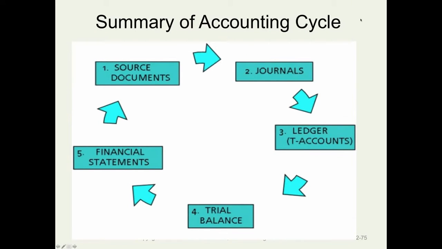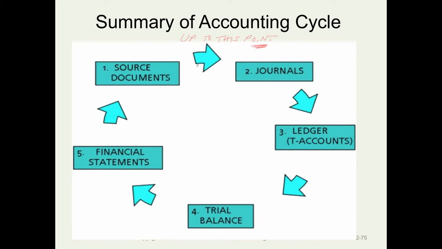And finally, to summarize the accounting cycle, and this is up to this point in the course, we have source documents, could be invoices, it could be notes on a note payable, it could be a signed contract that triggers, remember, in order to record a business event, it has to be both recognizable and measurable.